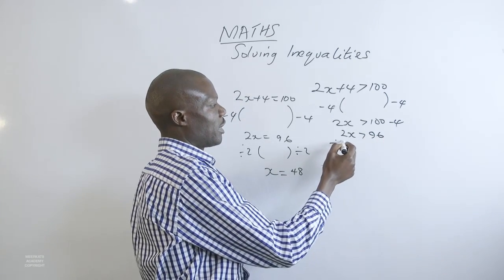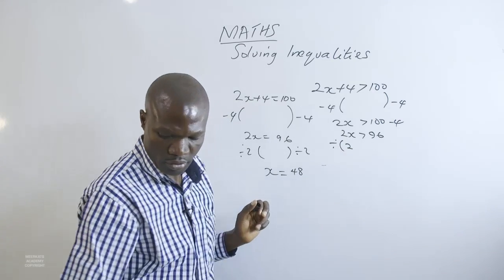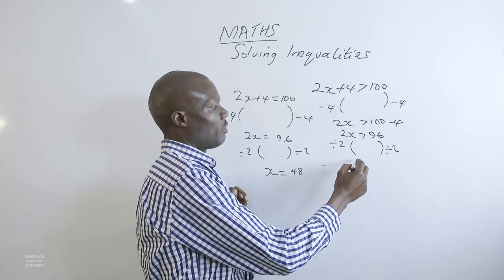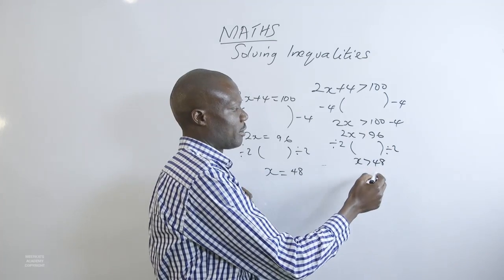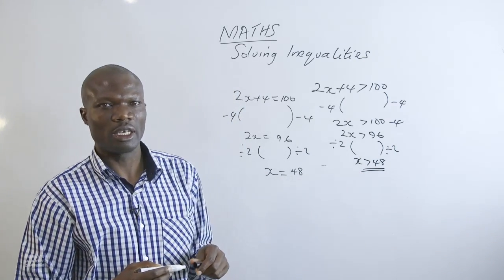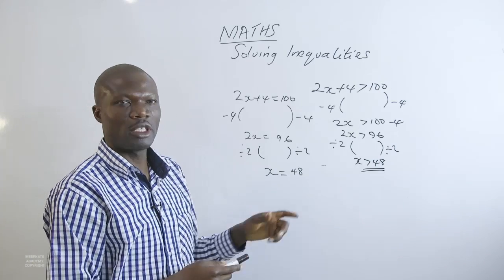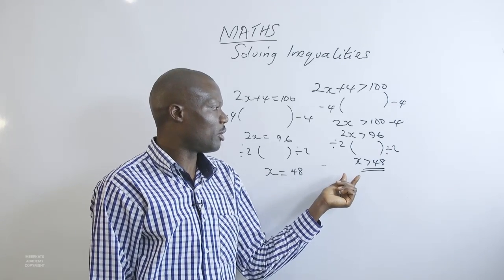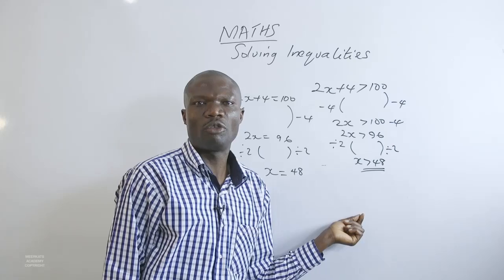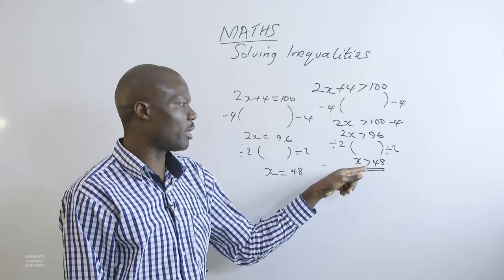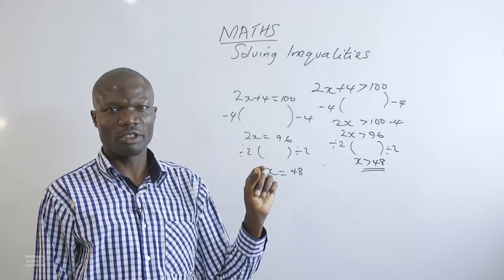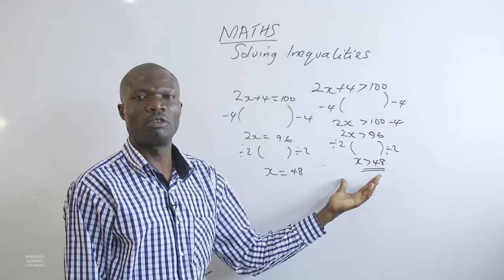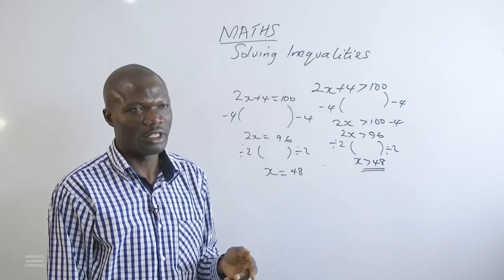Then we divide this side by 2, and the right-hand side also divided by 2, so that you have x is greater than 48. Now this is the solution for this inequality, which means x is all the values that are greater than 48. And remember, if we have it this way, 48 is not inclusive. So all the values greater than 48 will make this inequality true.